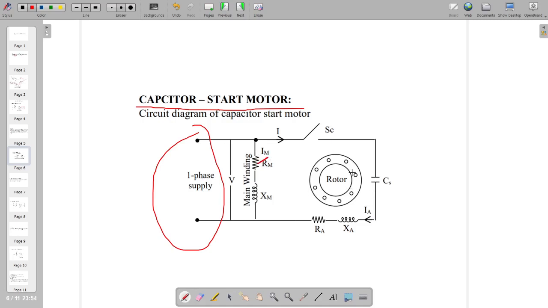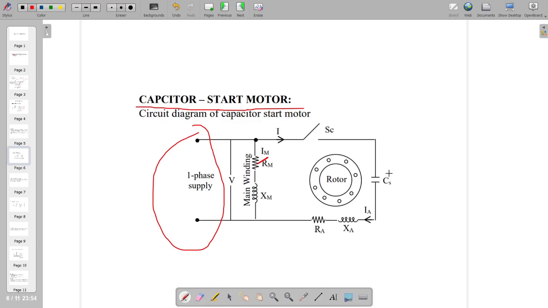This is the rotor, of cage type. In the stator itself, the auxiliary winding is also placed, with its resistance and reactance values given here. Ia is the current flowing in the auxiliary winding.